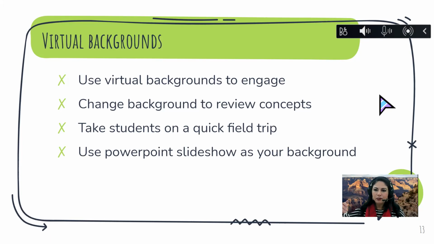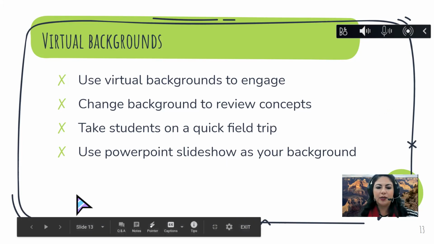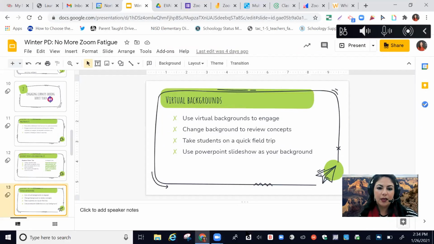And if you have never used the virtual background, let me go ahead and exit from here. What you do is on the bottom of your tab, hold on, let me see. Here it is. When I select the video option, there is an option for you to actually change the virtual background.